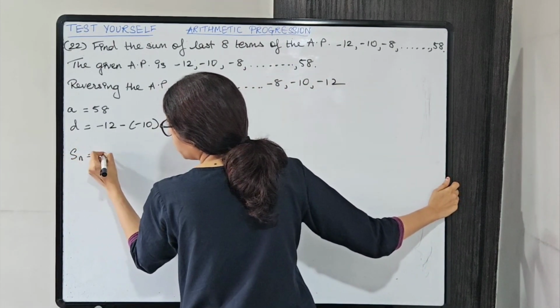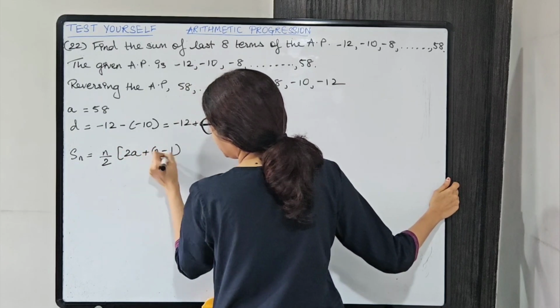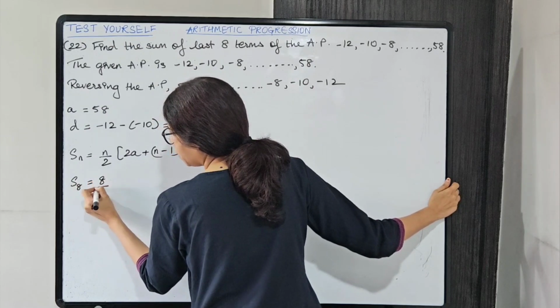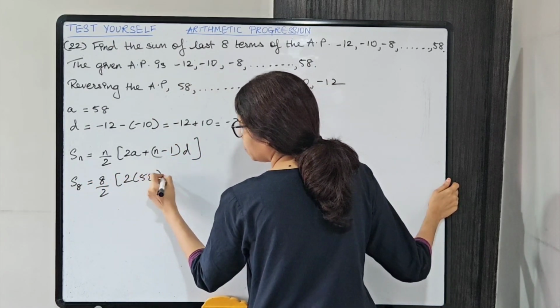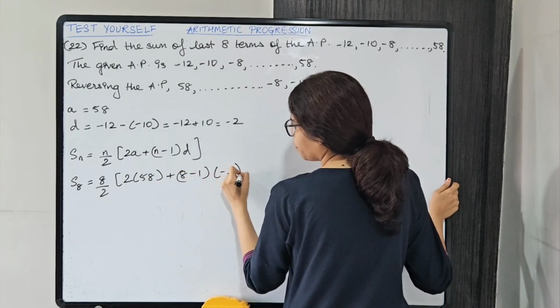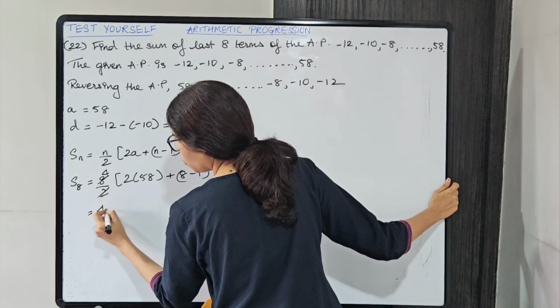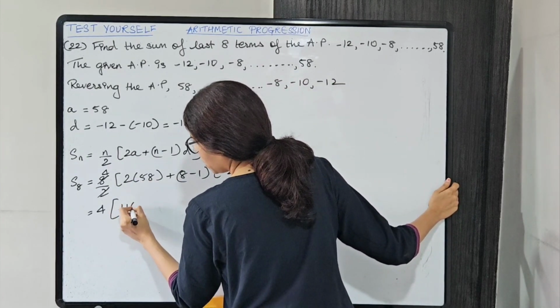Sn का फॉर्मूला लिखो, it is n by 2 into 2a plus n minus 1d. So S8 is 8 by 2 into a is 58 plus 8 minus 1 into d is minus 2. 2 4s are, so 4 into 2 into 58, that will be 116.